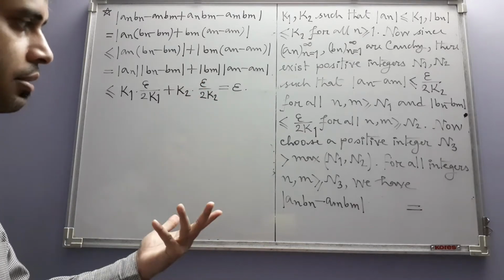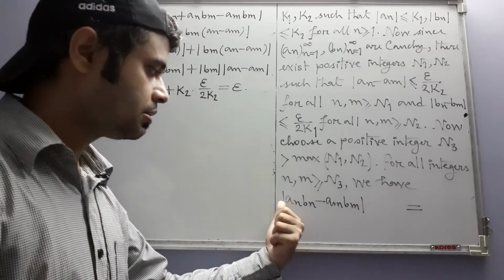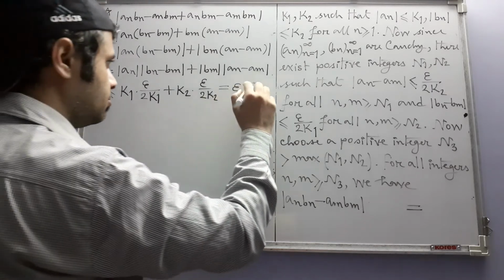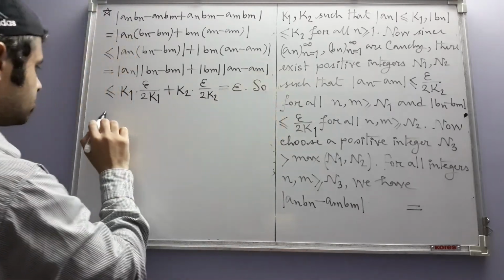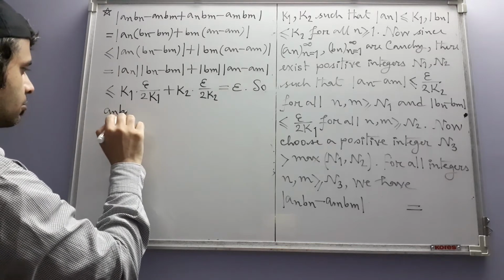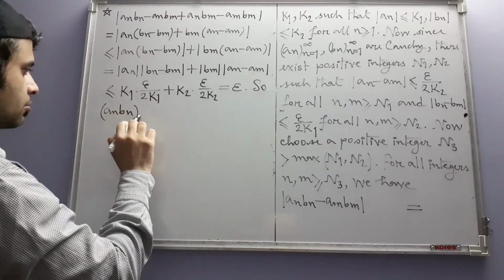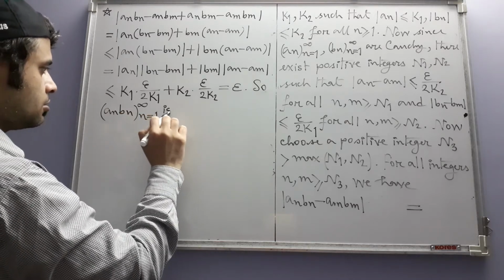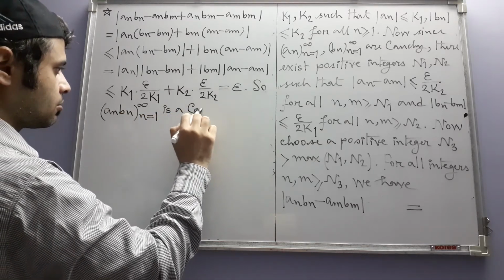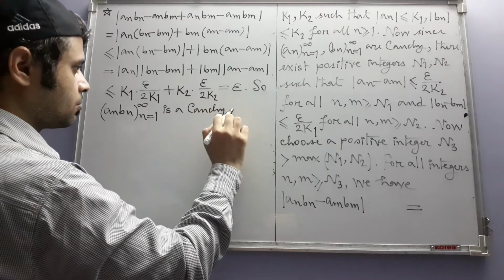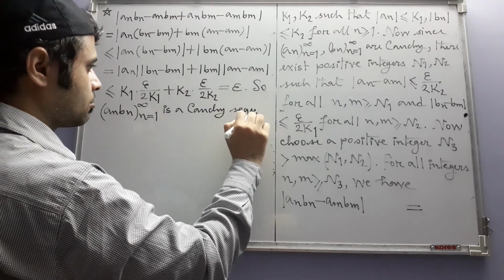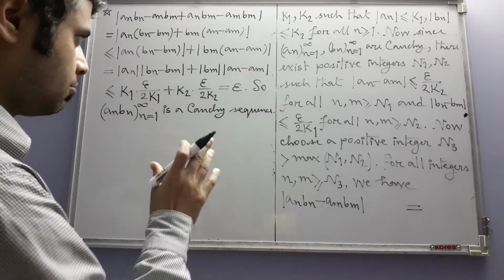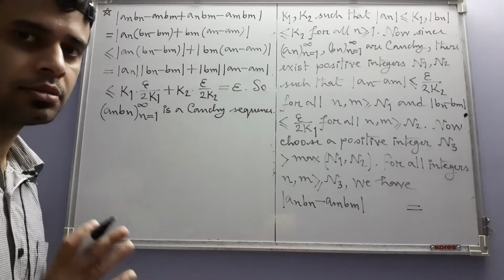So that just tells us that the sequence anbn is a Cauchy sequence. Okay, so one half of the solution is over.